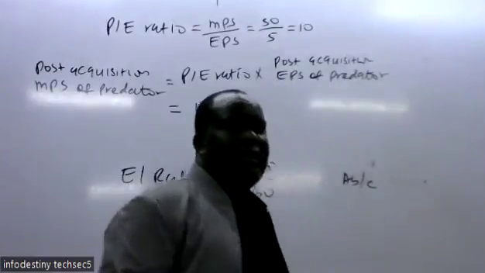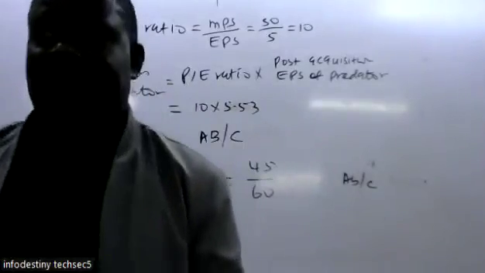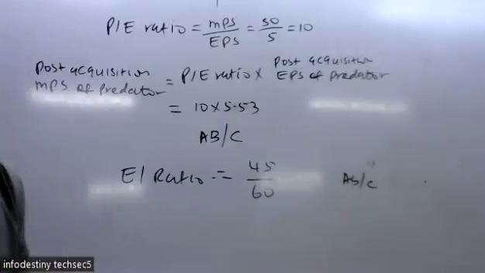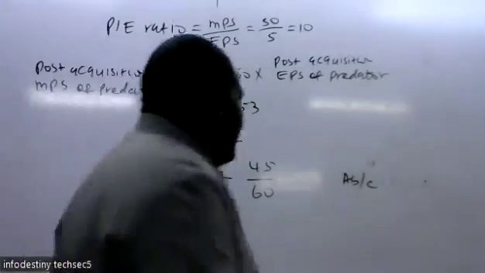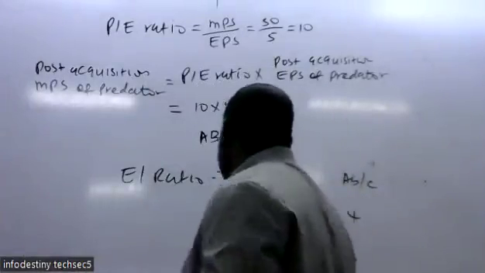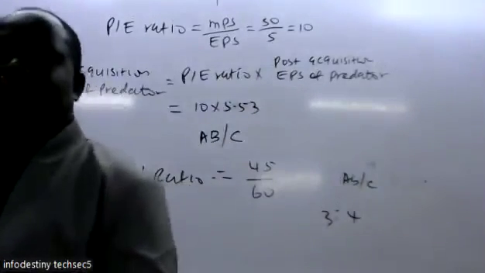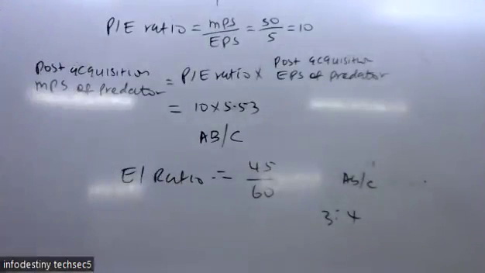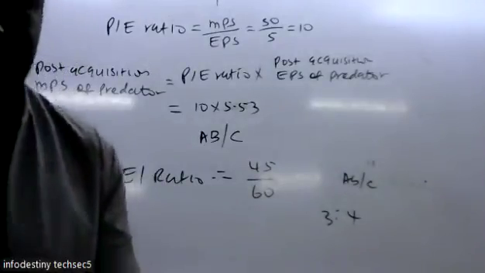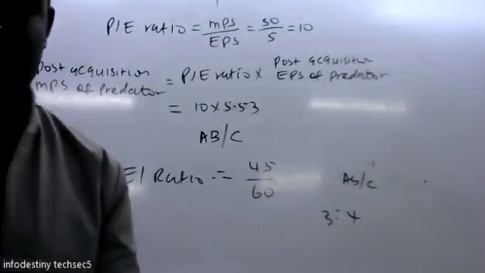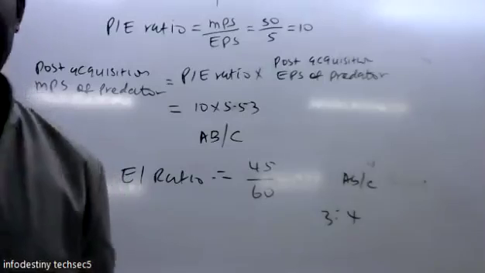Press the function and get the answer again. When you press it, you get 3 over 4, like that. So, are you okay at that point? That is about mergers and acquisition.